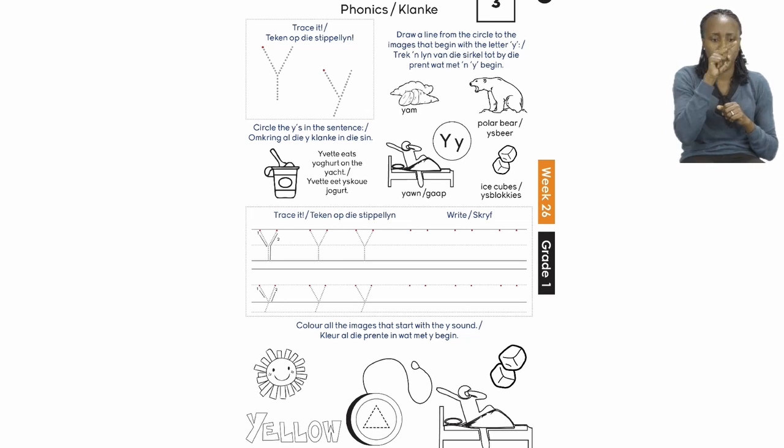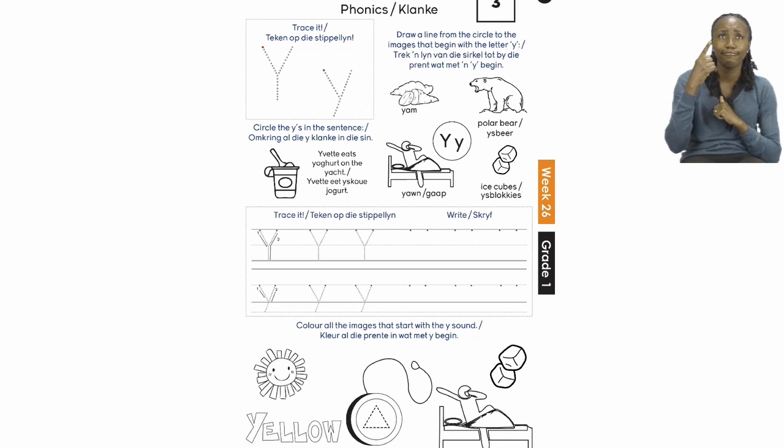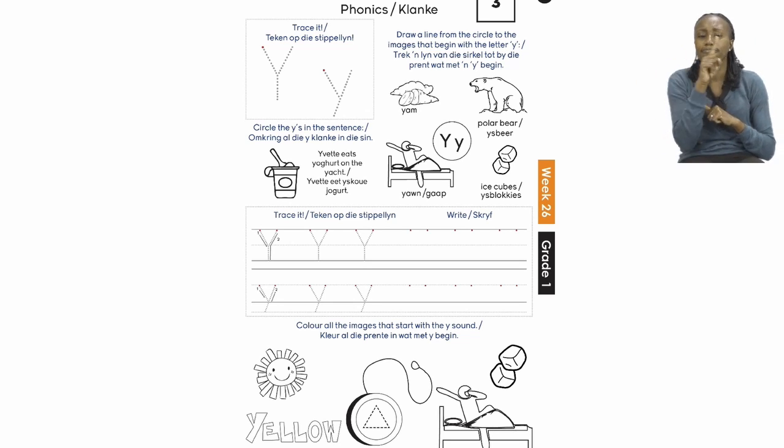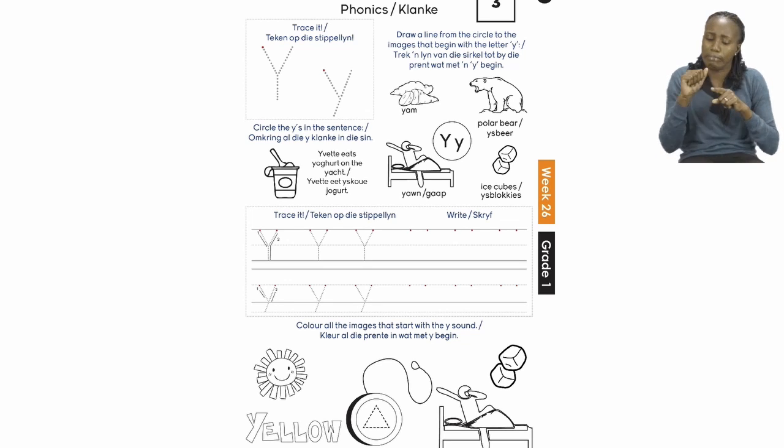Then we have to circle all the Y that we can see in the sentence. Then we are going to not only just trace but write the letter Y using all the guidelines that are there. Lastly, we are going to color all the images that start with the Y sound. So let's start by tracing.